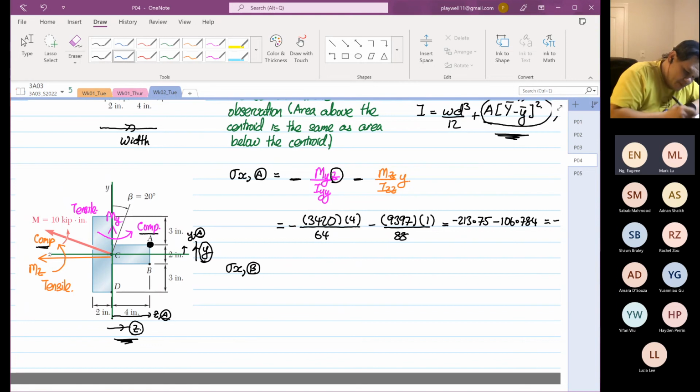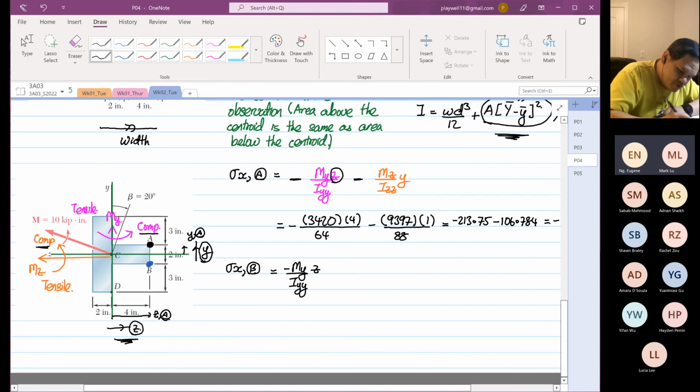So now B is at this location over here. At point B, the moment induced by My will still be compression, so minus My over Iyy multiplied by z. But at point B, the moment due to Mz is positive, so plus Mz over Izz multiplied by y.